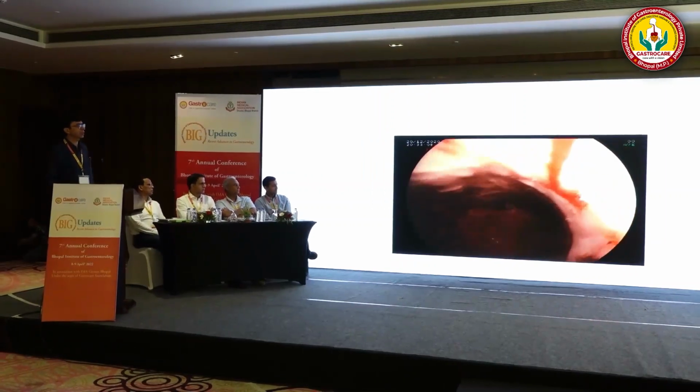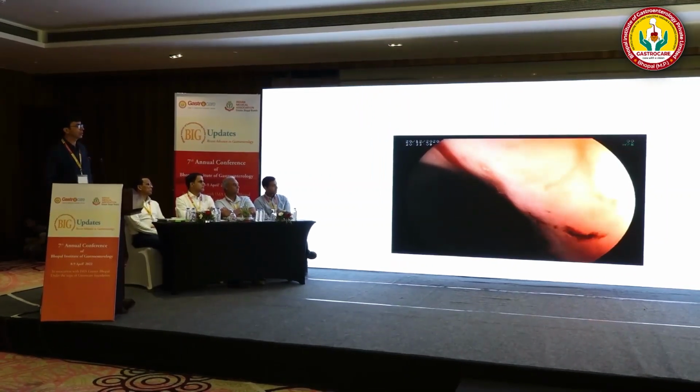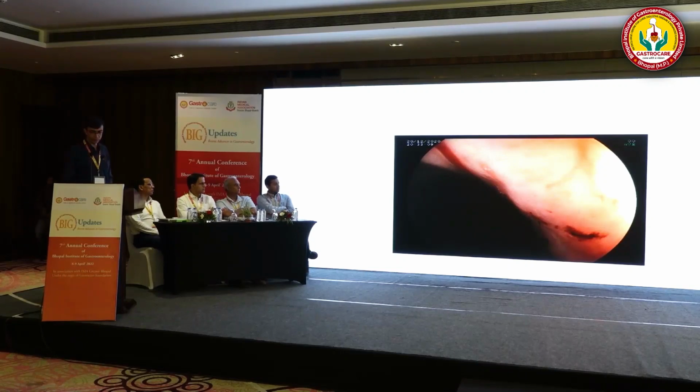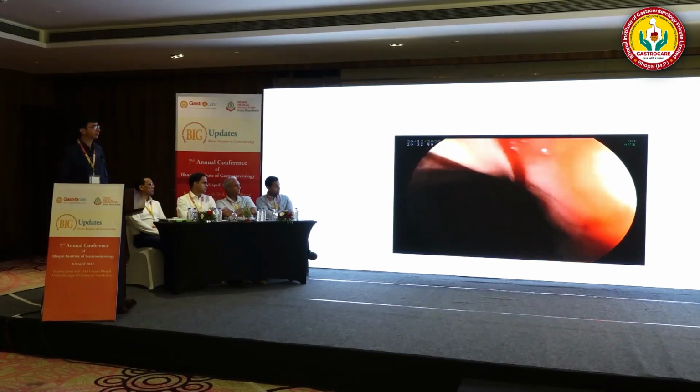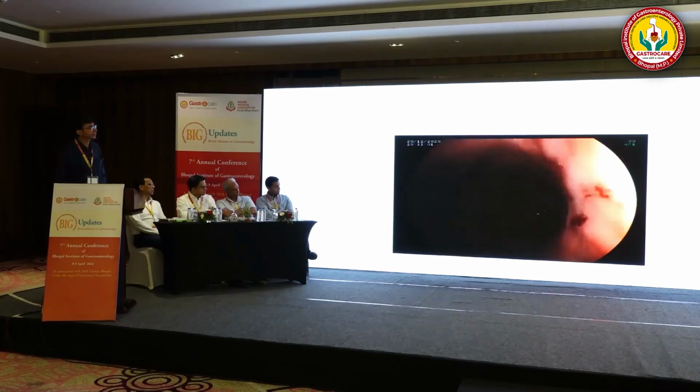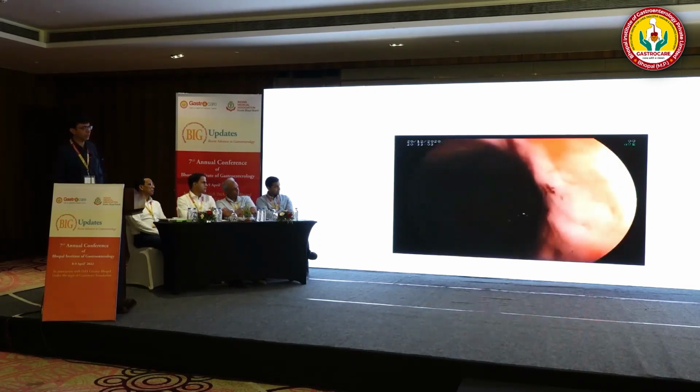I can ask one of the chairpersons also. Shailen, do you see anything? There is oozing of blood just below the GE junction, you can see a bleeder.